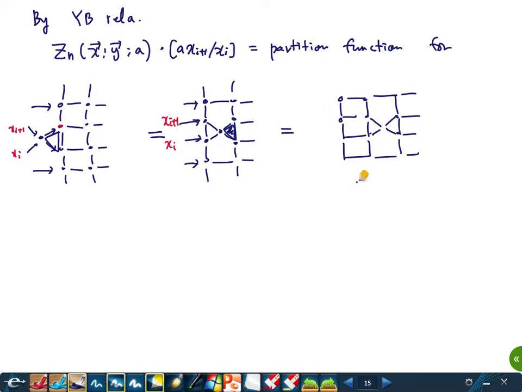Then you can keep moving this all the way until you finally make it exit from the right. Like that. But we know that these are fixed. Like that. Okay? So again, this has weight like that.